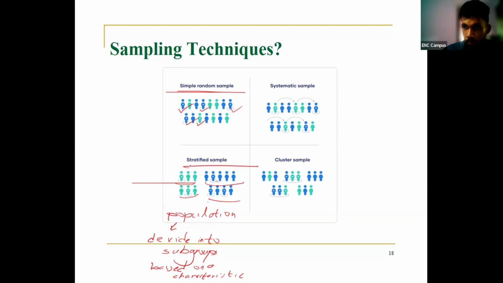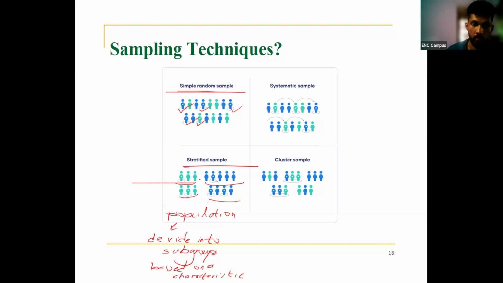Then we use random sampling to take elements from each group. So first we divide the population into subgroups based on a characteristic, let's say like age, gender, income, likewise. Then we use random sampling to take elements from each group of the population, right?